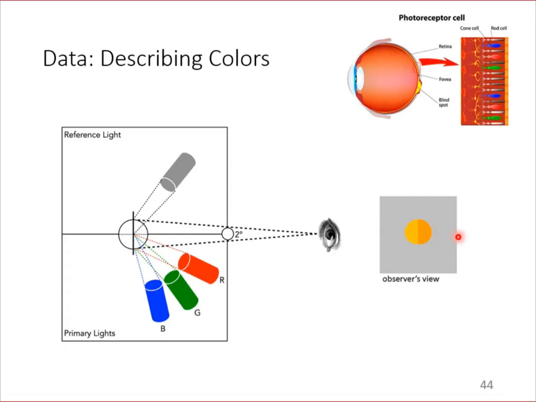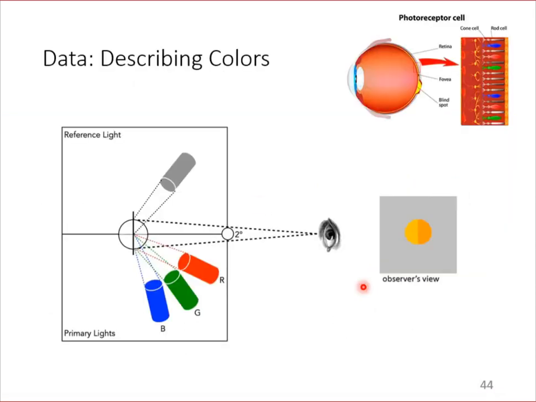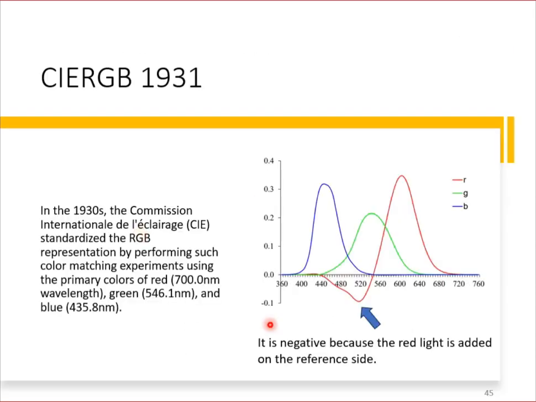So how to solve the problem? The problem is solved by adding the red light to the other side. So we generate the negative curve.